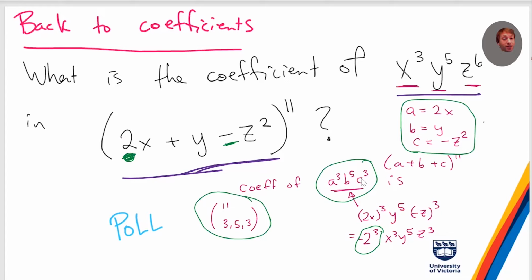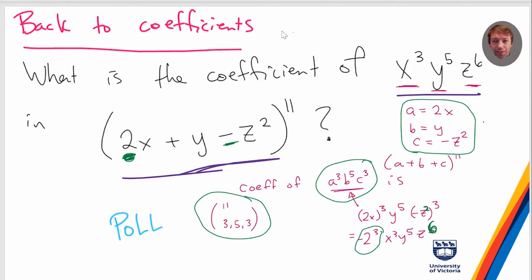I'm asking for the coefficient in terms of x, y, and z. Oh, sorry, there was a little mistake here. That should have been z squared, so that's z to the 6. Anyway, is that clear? So don't get fooled by these things. Do substitutions, because that's the easiest way to figure it out.